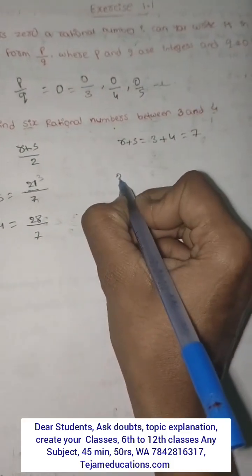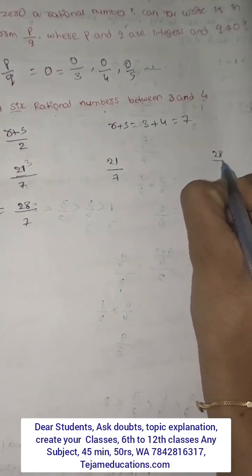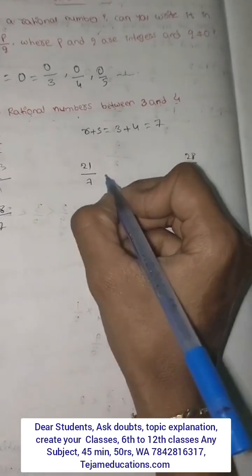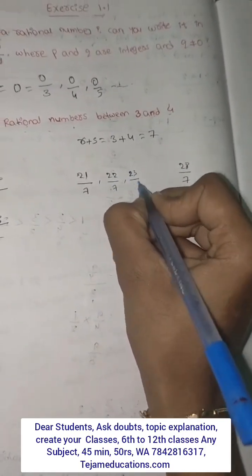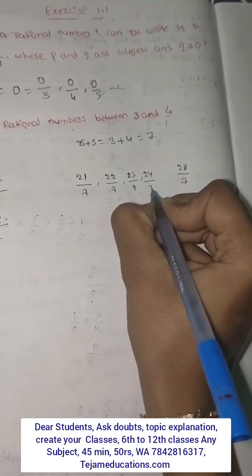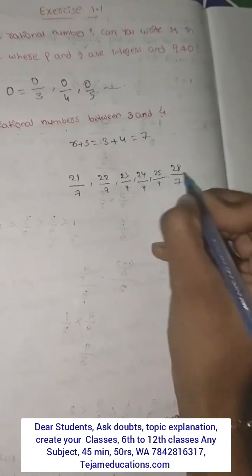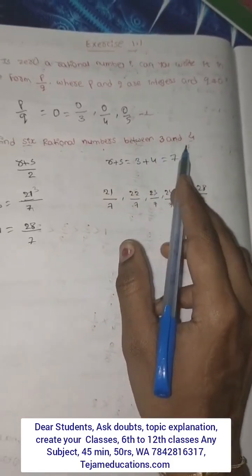Between these we can have rational numbers like 22 by 7, 23 by 7, 24 by 7, 25 by 7 and so on. So we can find the rational numbers between 3 and 4.